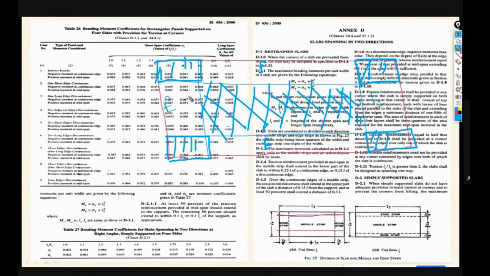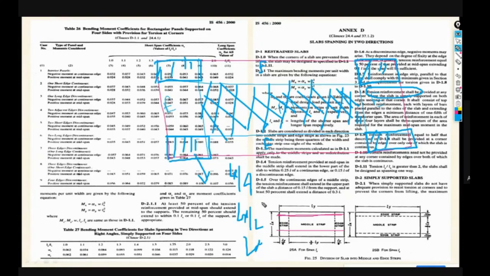It means if there is no continuity of your slab, torsion reinforcement is not required. If the slab is continuous, torsion reinforcement should be provided. We calculate this torsion reinforcement as per the edges: L by 4, L by 2, Lx, Lx by 4, Lx by 2, and Lx only.